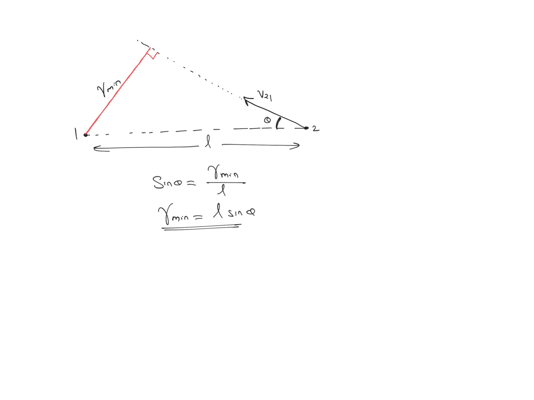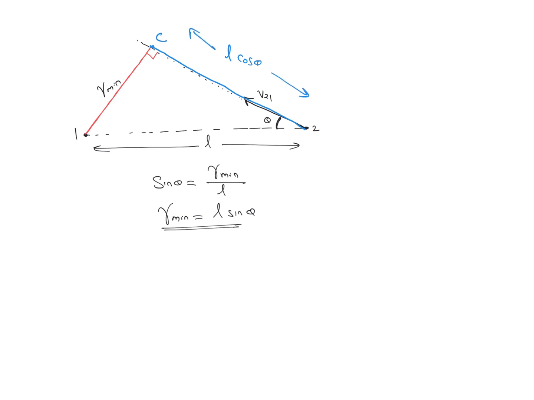Now in some questions they will ask to find out the time taken to attain this minimum distance. So we can say that this particle 2 with respect to 1 is moving through this much distance before it is reaching this minimum distance between point 1 and 2. Let's say this point is represented by point C. Now from this triangle we can write this distance is going to be L cos theta.